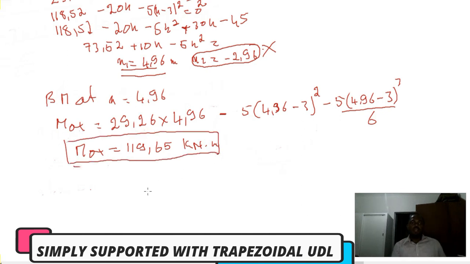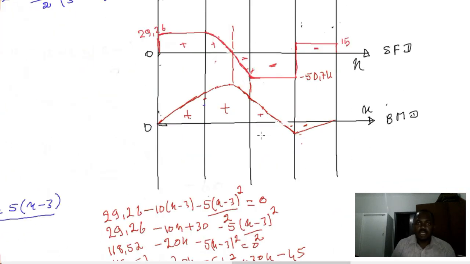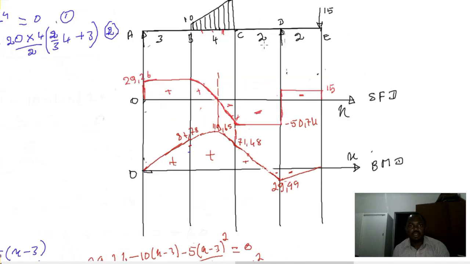Now this is the maximum moment at x. So here is our diagram, and we can put in the values. Here we got 29.99, this is 0, and here we got 87. We're done at this level.